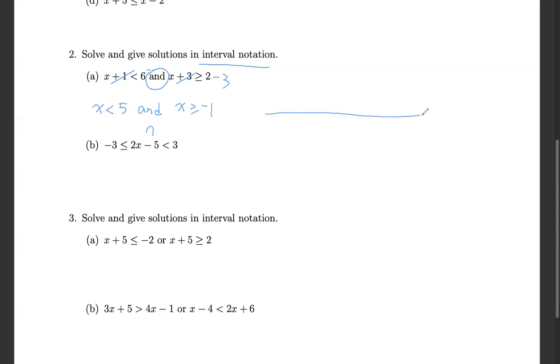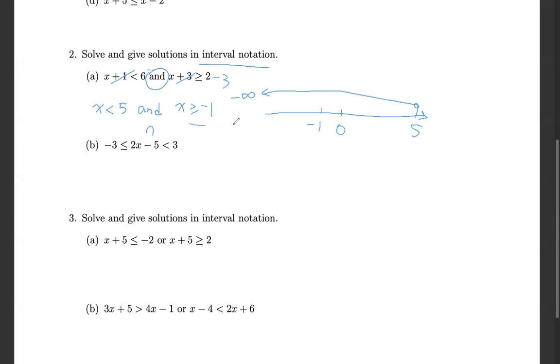If it's difficult to tell, we can always graph. Put a 0 in the middle, we need a negative 1, and 5 is over here, probably somewhere. The first solution is x less than 5, but not including 5, so make an open circle. Less than means go to the left, until negative infinity.